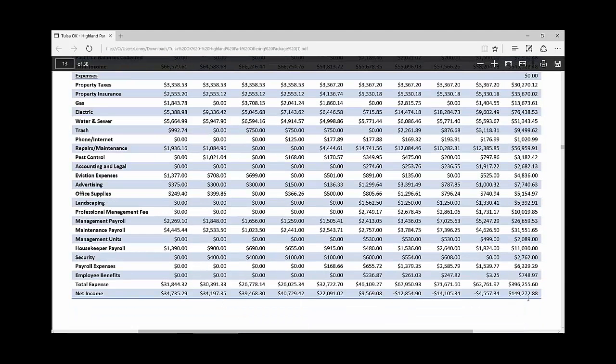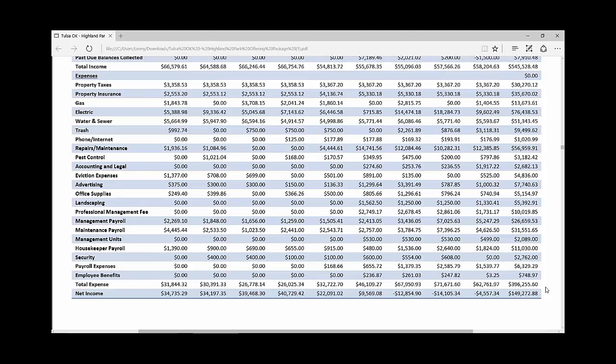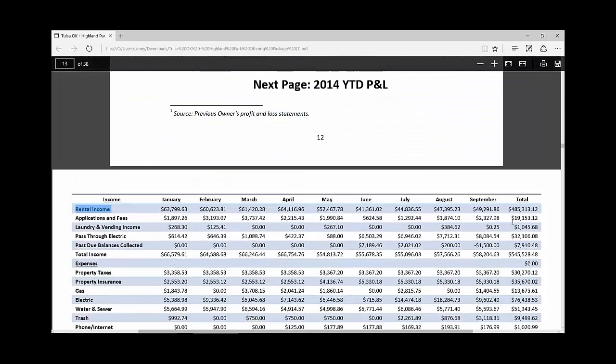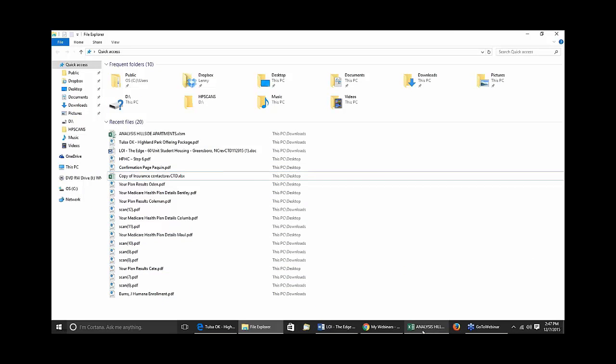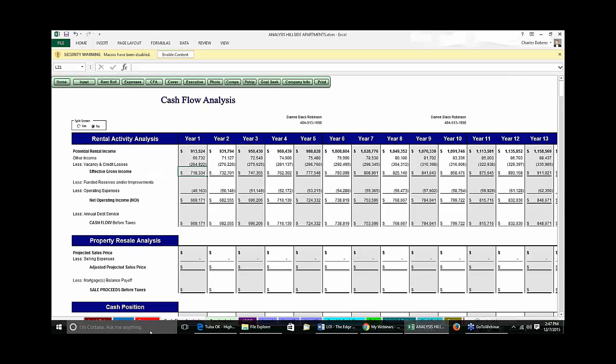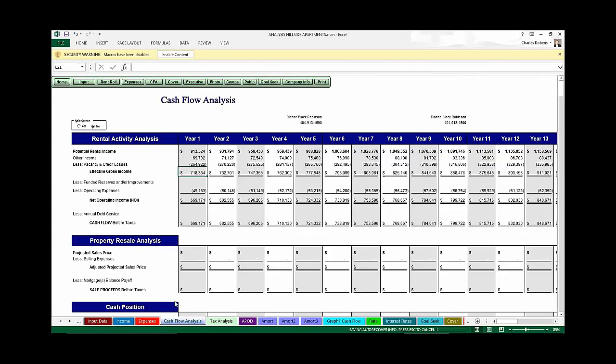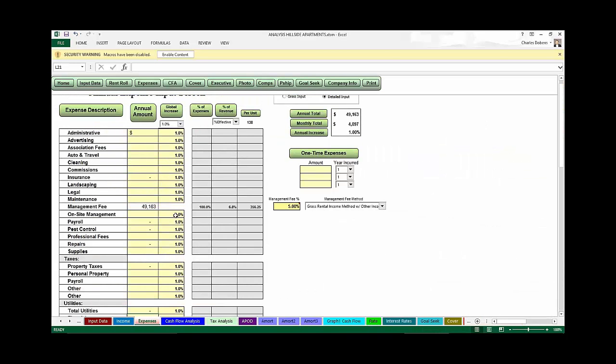Let's just say they've got the total expenses at 396,3 divided by 9 times 12 equals 528,000. I'll jump back over here, and under the expenses, I'm going to give myself one line item. Take that out, 528,000.